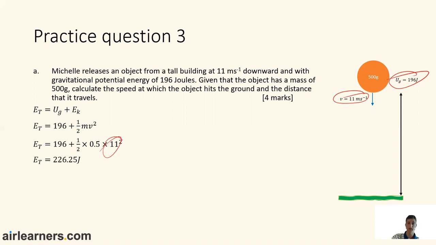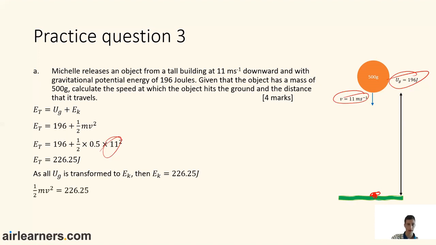And we're going to have to use that somehow to calculate the speed at which it hits the ground. So that's exactly what we're going to do. Because we know that all of the potential energy is eventually converted to kinetic energy, then we can say that at the very bottom, where it's almost touching the ground, all of its energy is kinetic energy, and that's still going to be 226.25 joules.